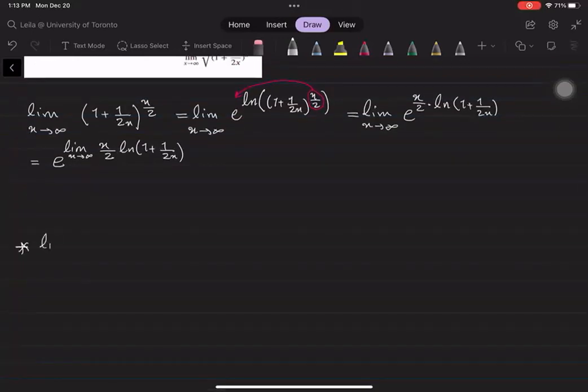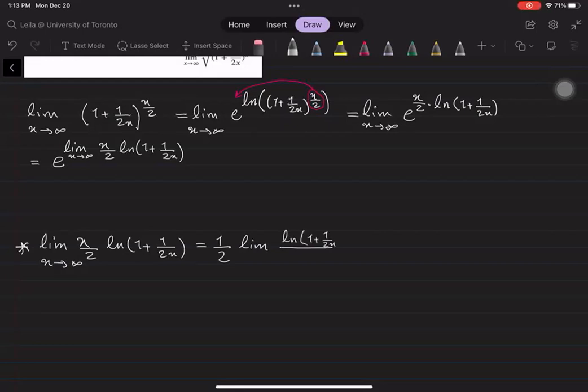So you have limit of x/2 ln of 1 plus 1/2x.